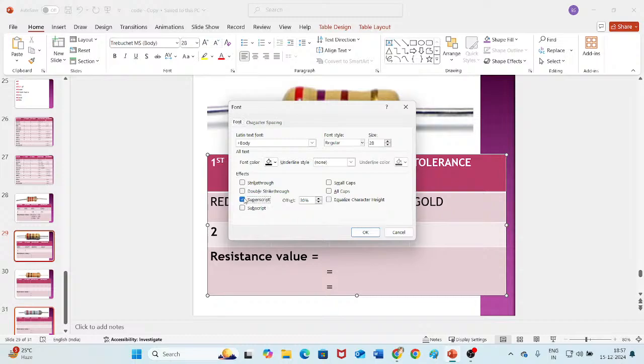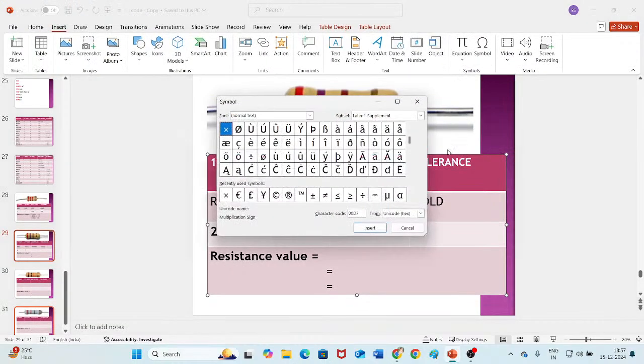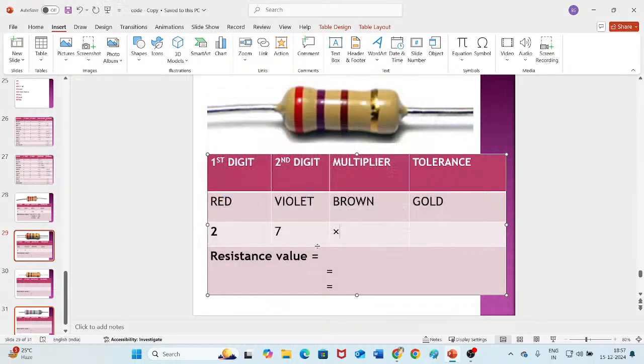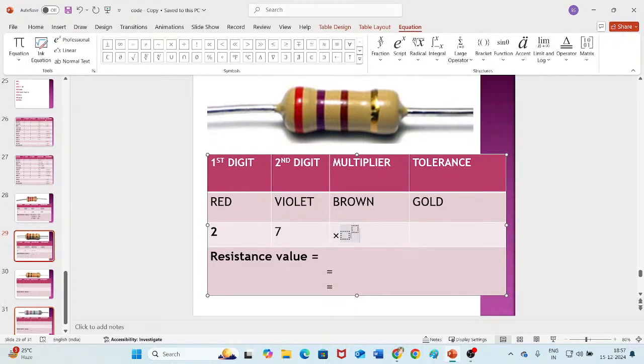It is superscript. So into symbol, multiplication symbol into equation. Now this is it. Now what is this? 10 to the power of, okay.